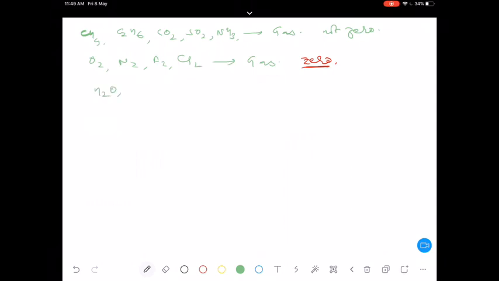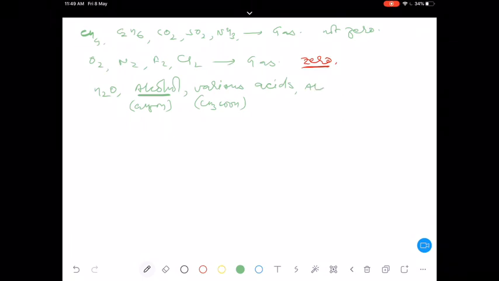Then for different other species I'd like to take H2O, alcohol, various acids. Alcohol you can write C2H5OH or methanol or propanol, etc. Various acids we can write, let's say carboxylic acid, CH3COOH.